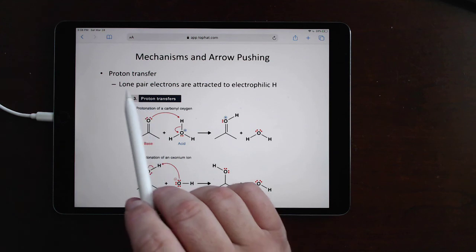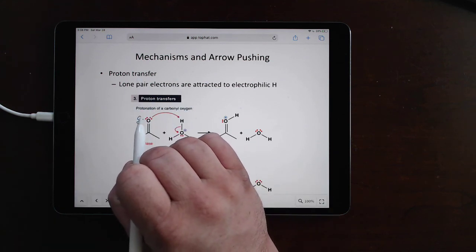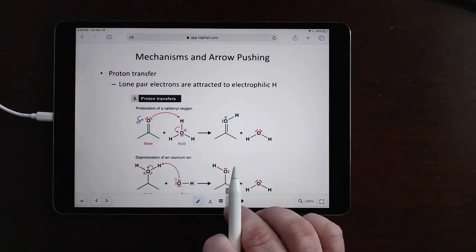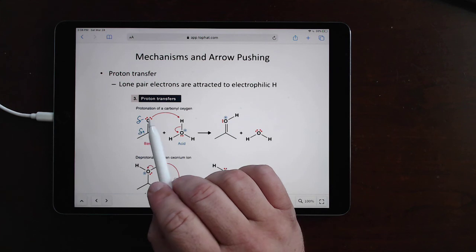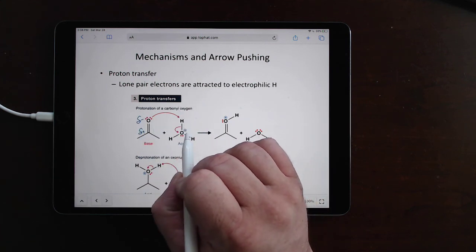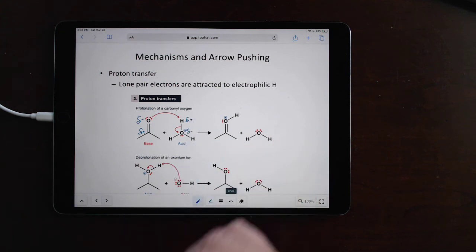The other thing that we can do is move hydrogens around. So this is partial negative, partial positive. And even though this has a formal positive charge, it does have a negative character to it, because oxygen is electronegative. It wants electrons.